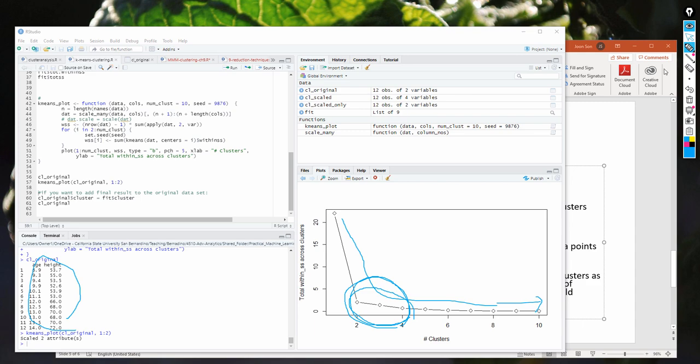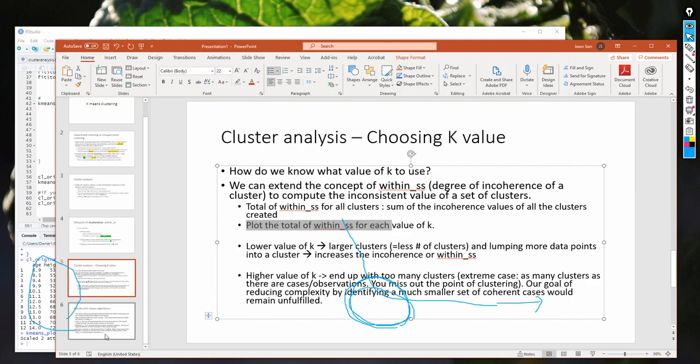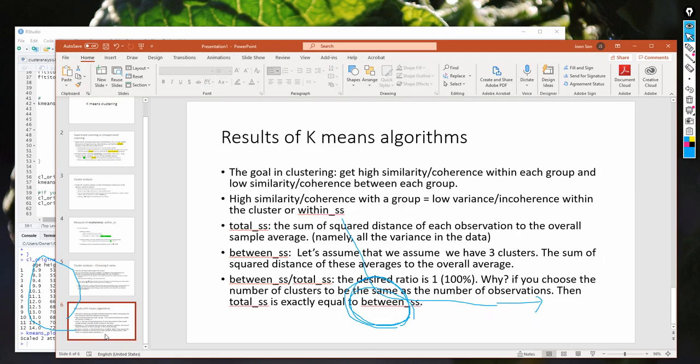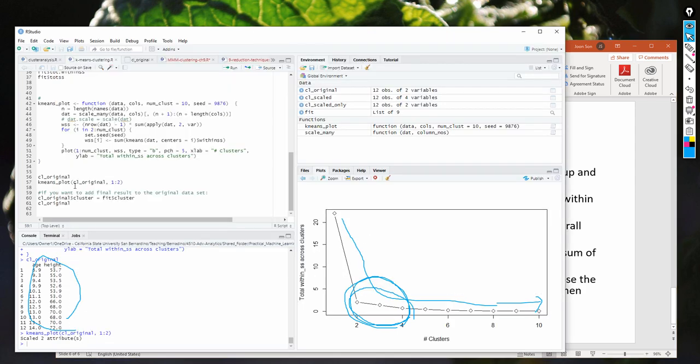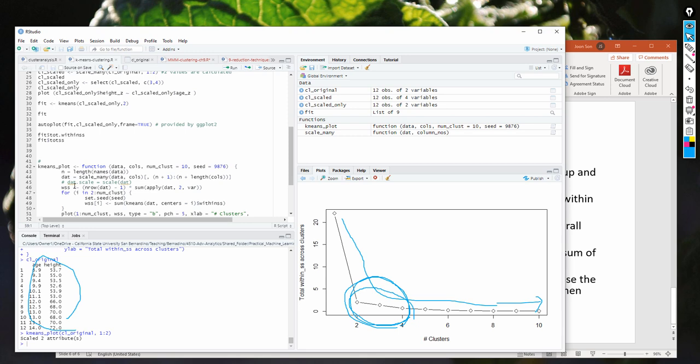And now let's move to the next topic. There are a couple more variables that I want you to know when you run this k-means algorithm. For example, let's say I choose k to be 2.